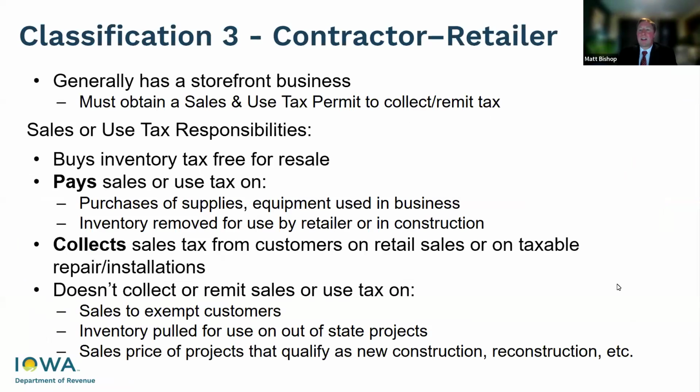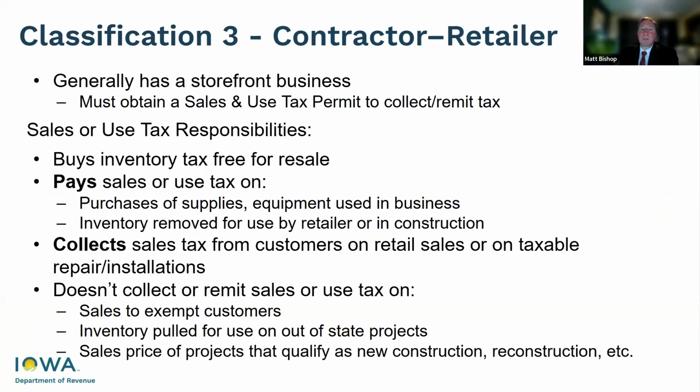Our third classification is kind of a hybrid between contractor and retailer. These are businesses that have their own storefront. Maybe you have a showroom, you'll sell materials to other people. Maybe you'll also do construction or repair work for the customers who walk in.